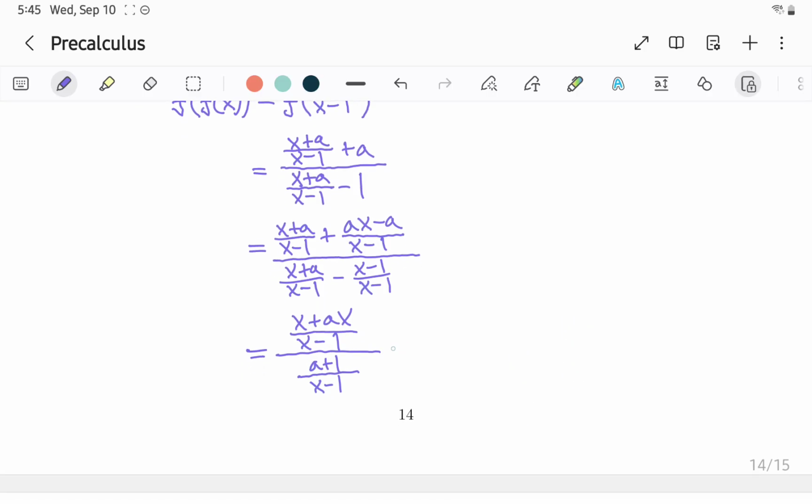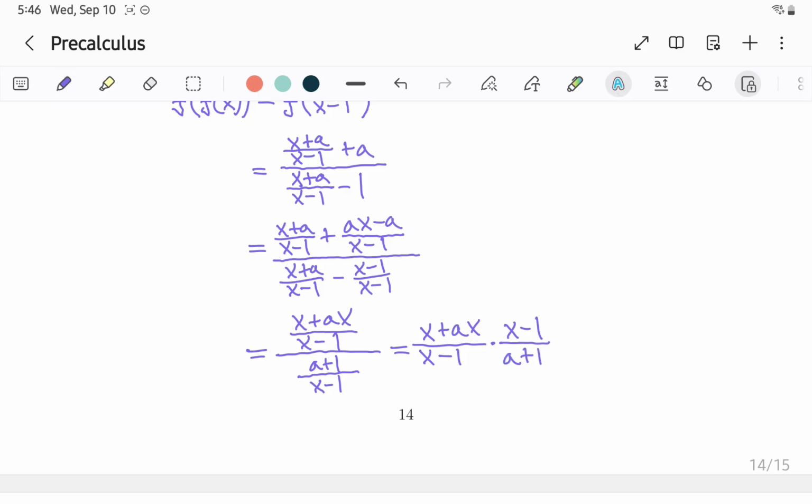So this is going to be equal to, well, the numerator is still just going to be x plus a times x over x minus 1. And then multiplying by the reciprocal of the denominator now, we are going to have x minus 1 over a plus 1.